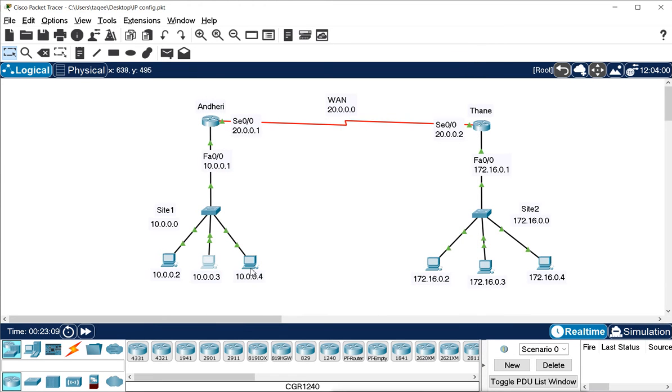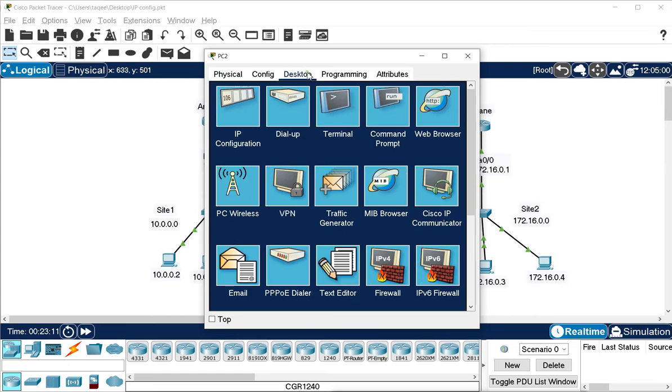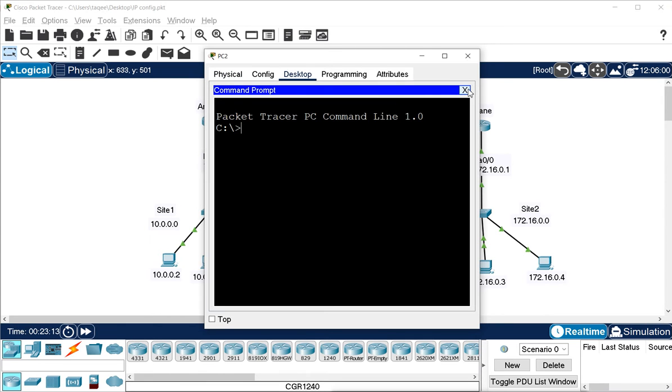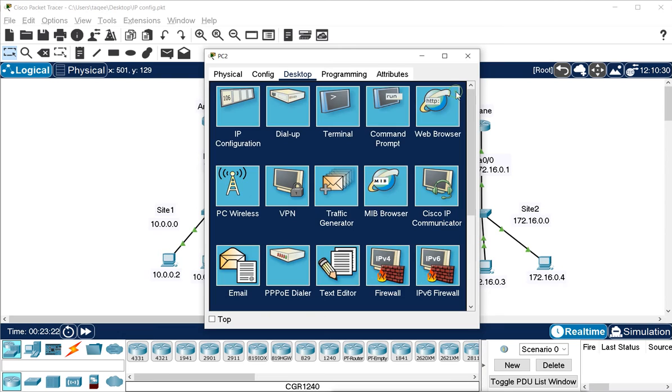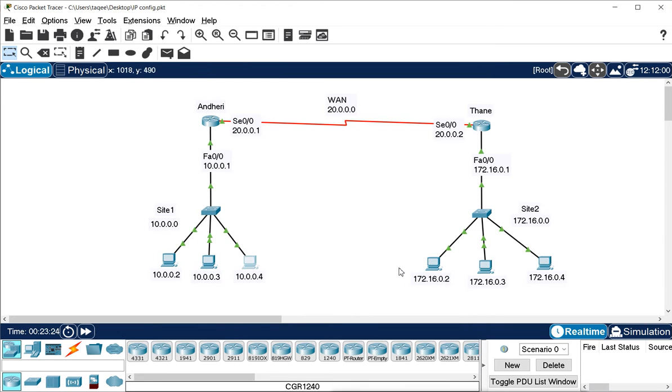Then I will configure this one also. 10.0.0.1. Now same for the machines in this other network.